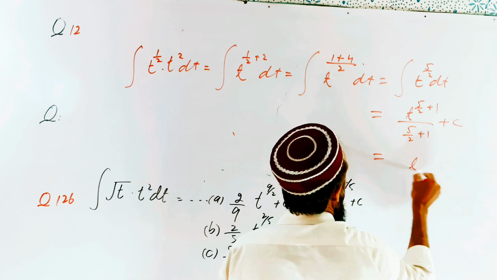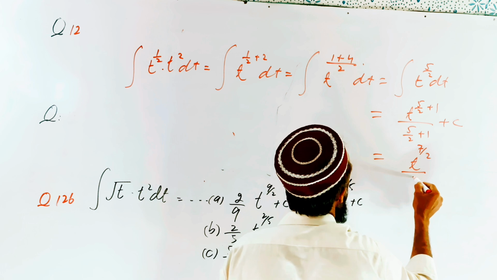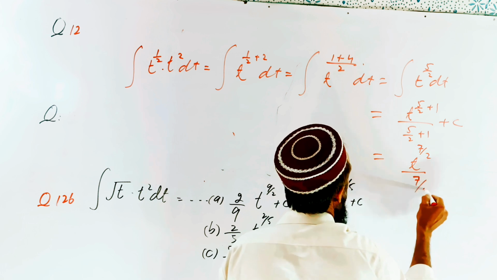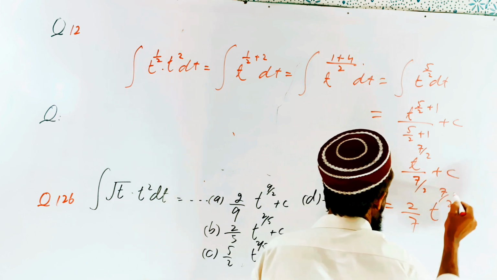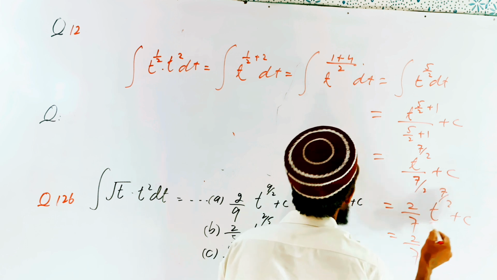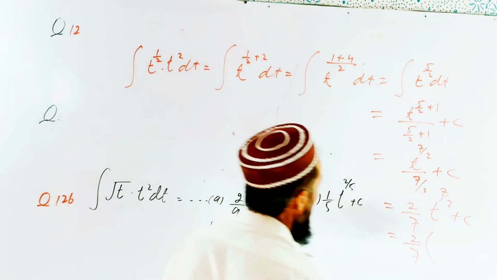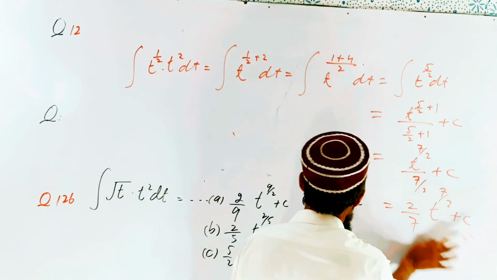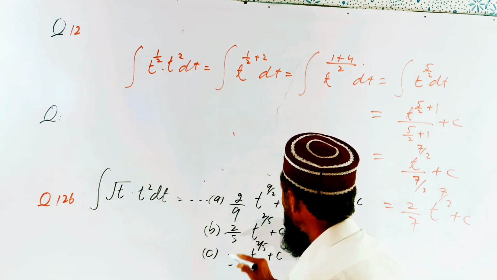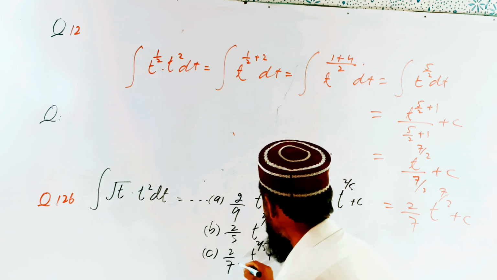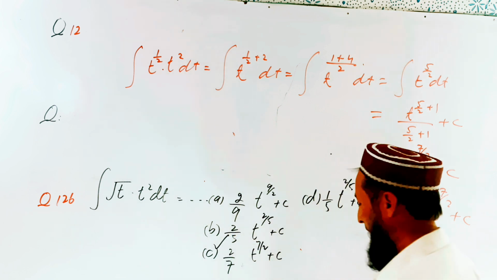Taking 2 as the LCM, we get 7 by 2, divided by 7 by 2, plus C. Now we can write 2 divided by 7, t to the power 7 by 2, plus C. We have not taken any supposition, so the variable stays the same. So 2 divided by 7, t to the power 7 by 2, option C is the correct option.